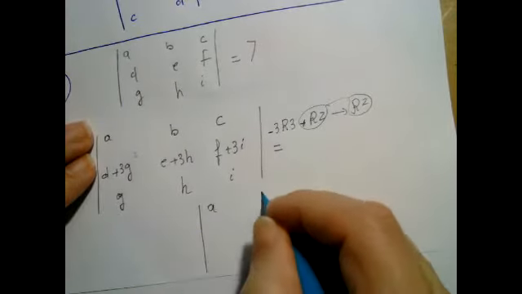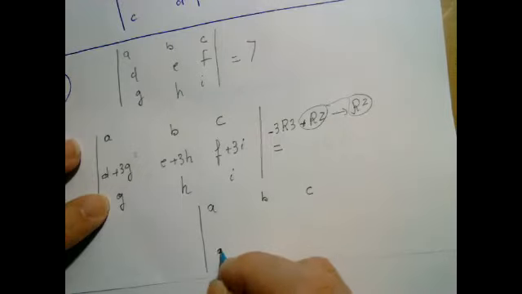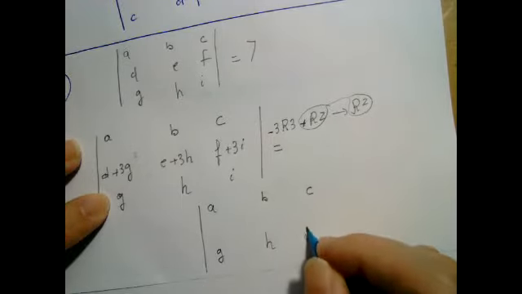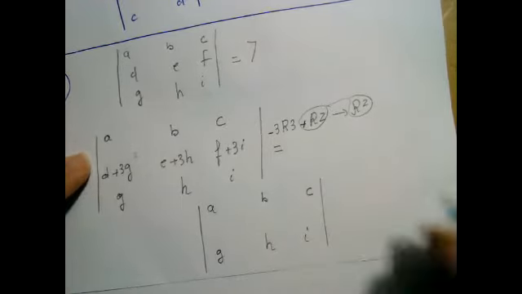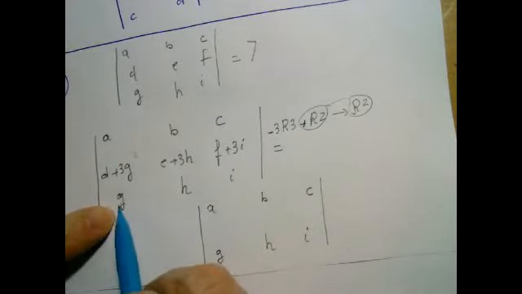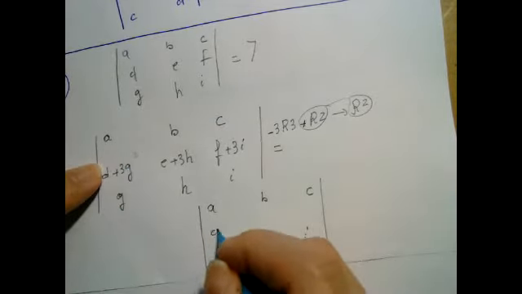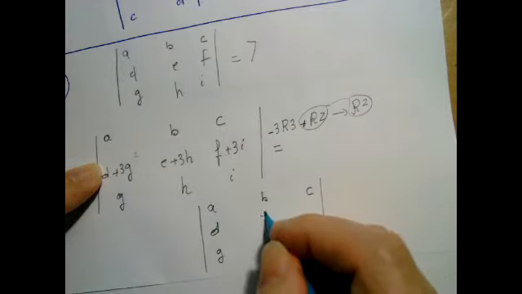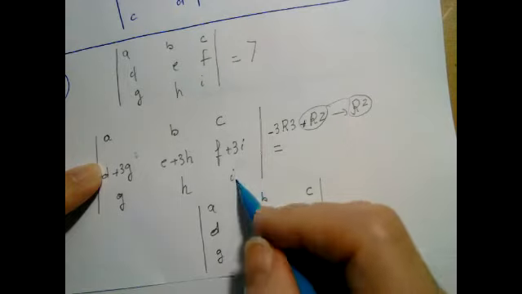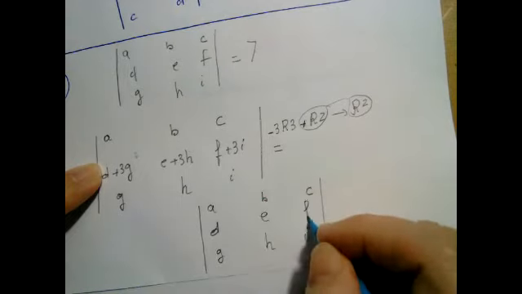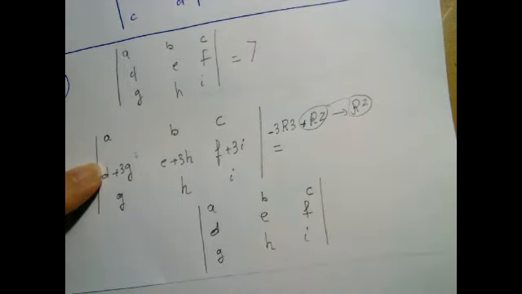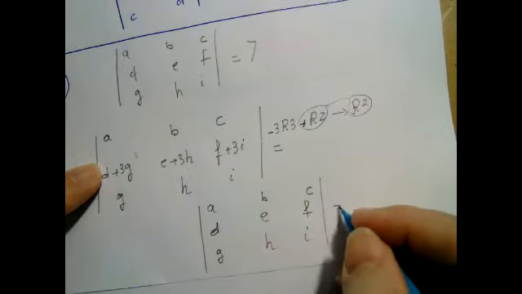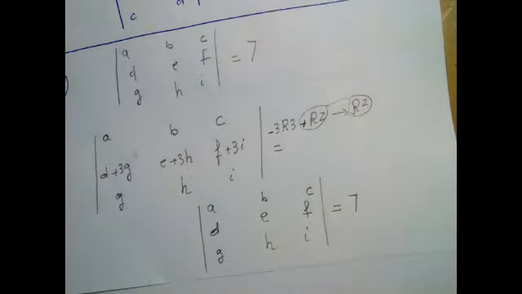Because if I do this operation, I do not touch the last row, it's the third row. I'm going to multiply this by -3 and add it. This will give me D. -3 added will give me E. -3 added will give me F. And this is based on the previous problem. That's exactly equal to 7. So actually the determinant hasn't changed at all. All right, so that will be number 20.